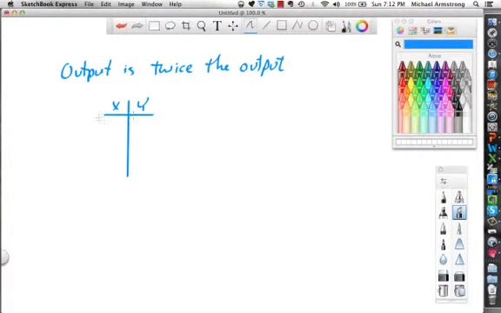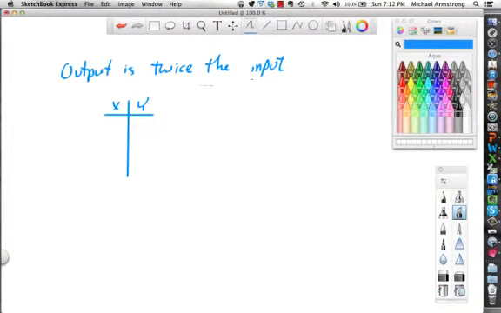It's also vertical, and so it turns into our points that we want to plot on a graph easily. So they say that the output is twice the output? Wow. The output has to be twice the input, I would think. So I kind of did that wrong. Change that to input.